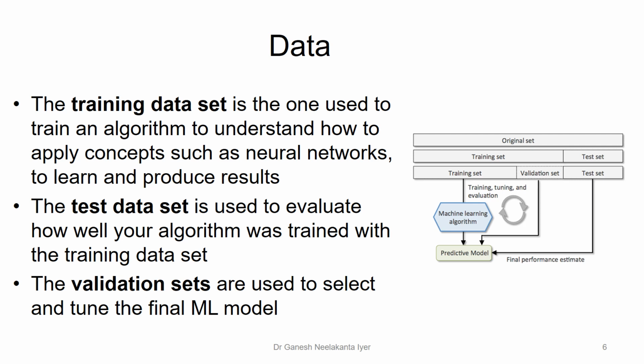Essentially, how we build the model is using this training set, and later we will use the remaining 20 or 30% of data to validate how our system works. And among the training data, we will use a split of that, maybe 10% or 20% of that as validation set to validate the predictive model before we actually do the final performance estimate using test data.